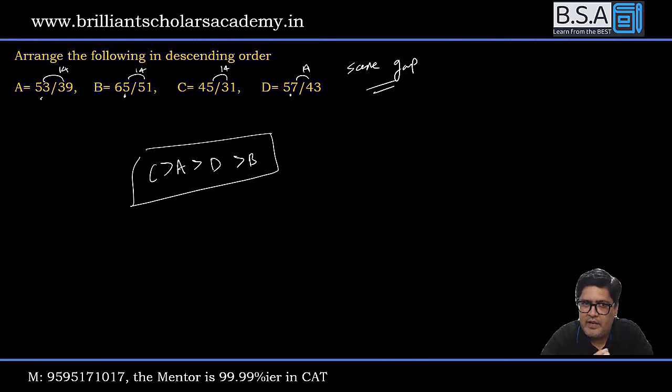Is the solution clear? C, A, D, B. Confirmations. Improper ratio decreases when the gap is same.